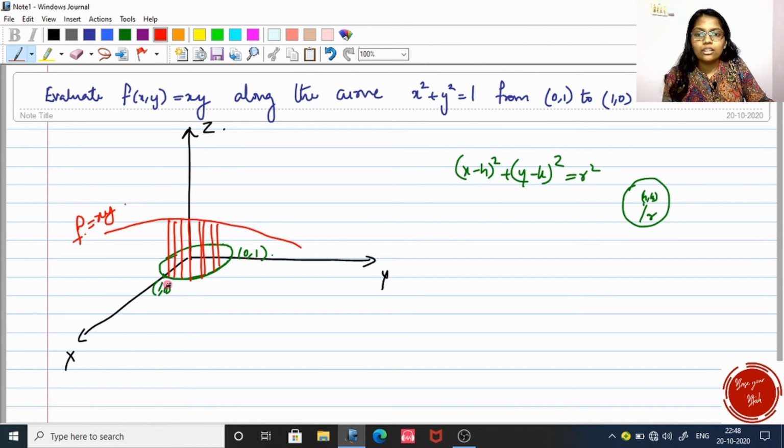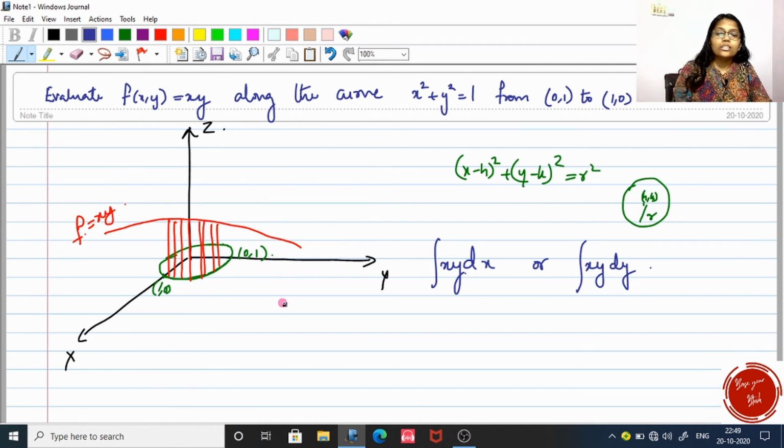Just like constructing a wall like this, with the upper boundary as the function and lower boundary as the green curve. So what we get by integrating this particular function, that is integral xy, we can have the integral xy dx, or we can take it even as xy dy. So in either way we get the area of this raised wall.